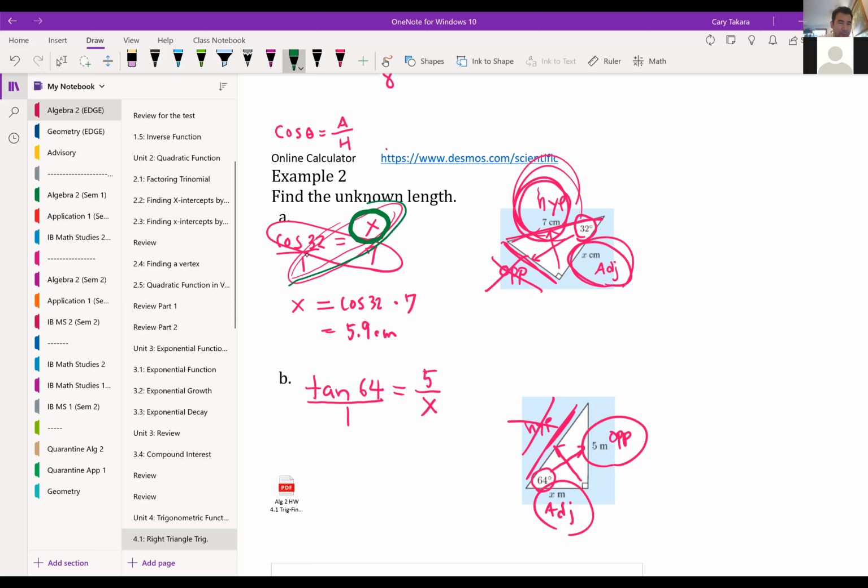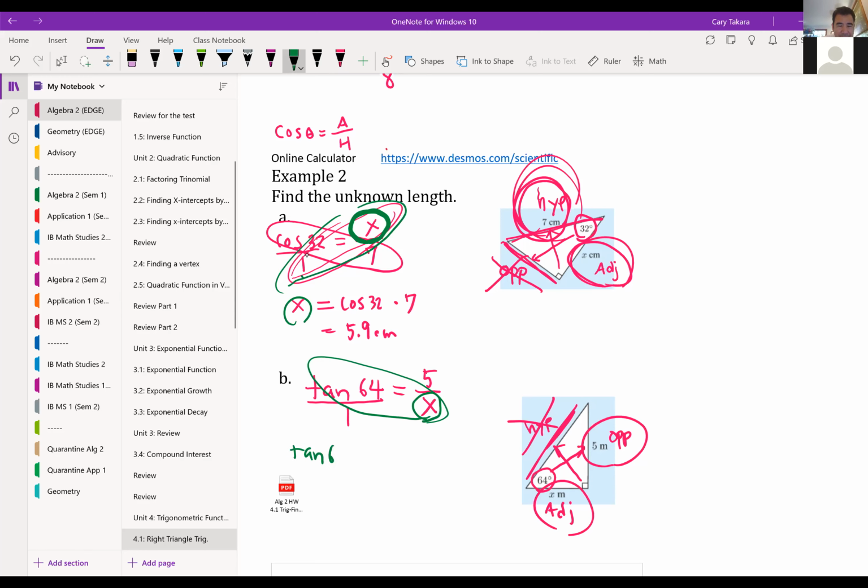If you cross multiply, it's really easy because 1 times x is just x, and you right away have x equals, which is very convenient. But for this one, x is in the denominator. But let's go through this, okay? So we're going to cross multiply.